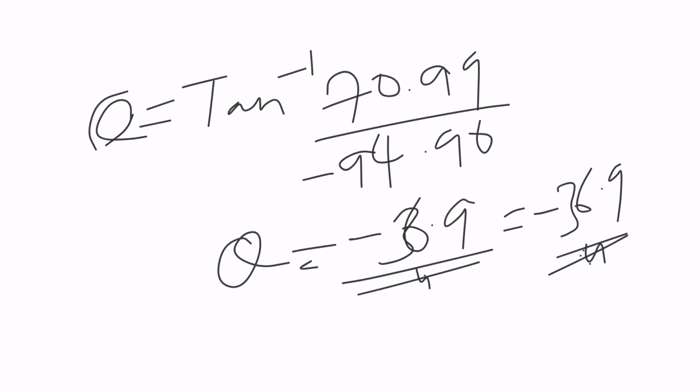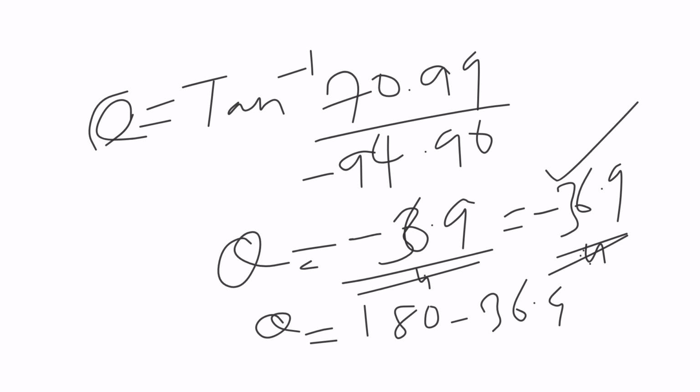Just do theta is equal to 180 minus 36.9. Even if we reach a negative 36 point, they will mark you here. But if you want to make this theta positive, just do theta is equal to 180 minus 36.9.